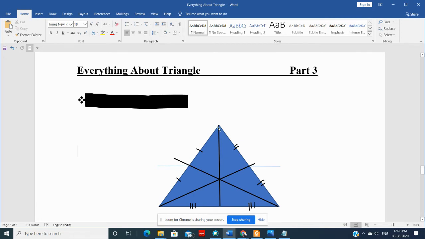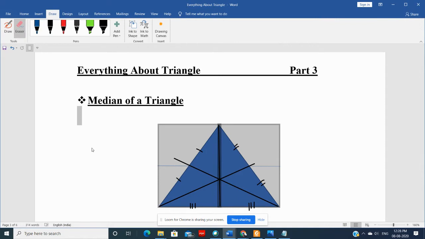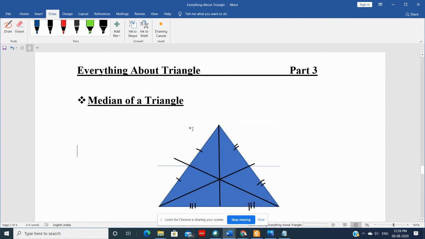So, all these line segments which are joining vertex and midpoint are called the median of a triangle. Right? And this is what we are going to discuss.